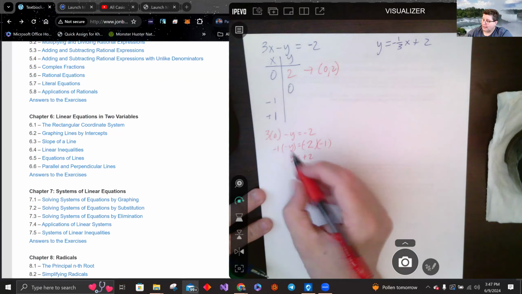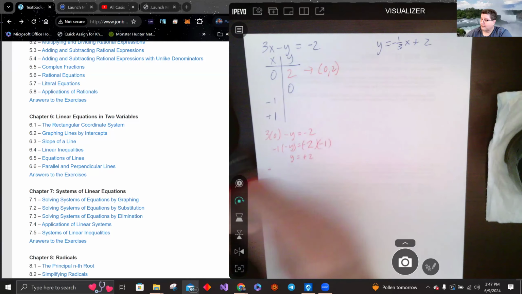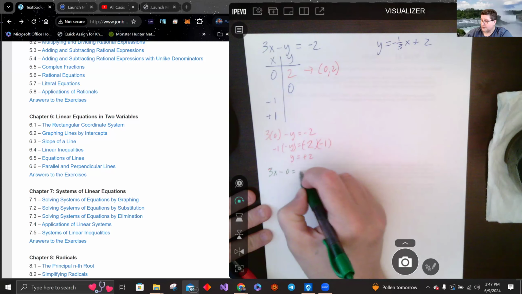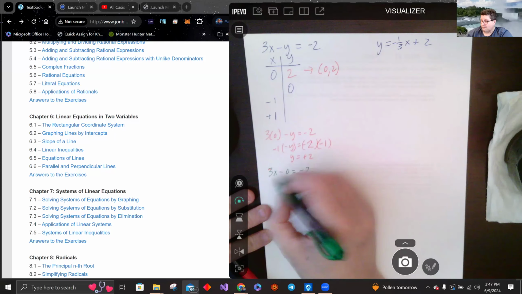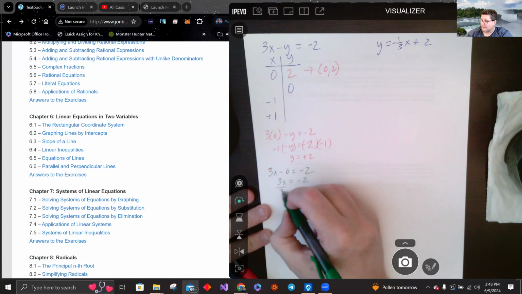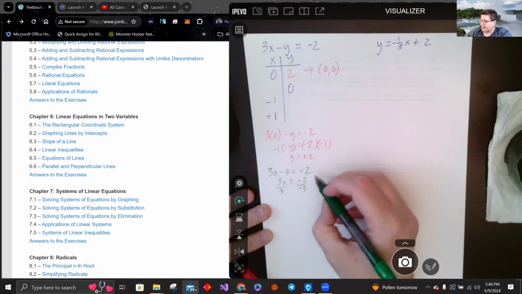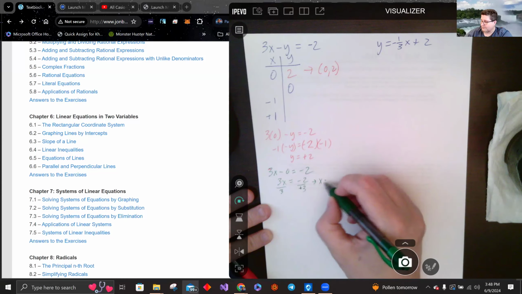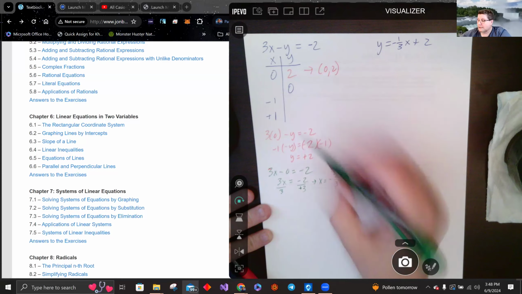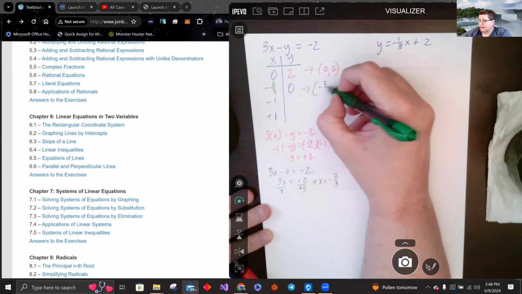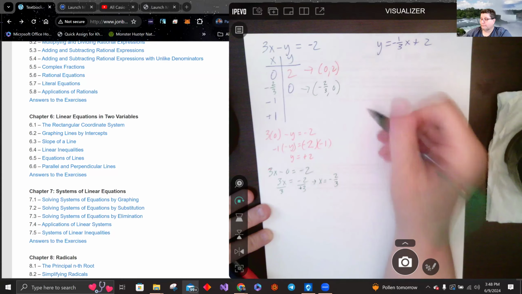If I plug in y equals 0, I have 3x minus 0 equals -2. Minus 0 doesn't do anything, so we just have 3x equals -2. Divide by 3, and we get x equals -2/3. So that gives me the ordered pair (-2/3, 0).